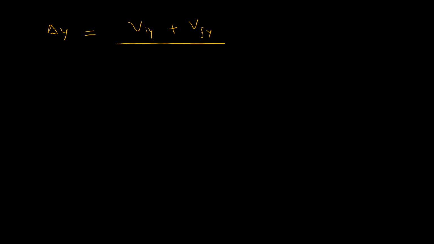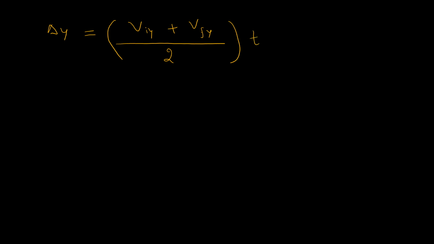So delta y is the change in displacement along the y-axis, viy is the initial velocity along y, vfy is the final velocity along y, divided by 2, and this is multiplied by t.